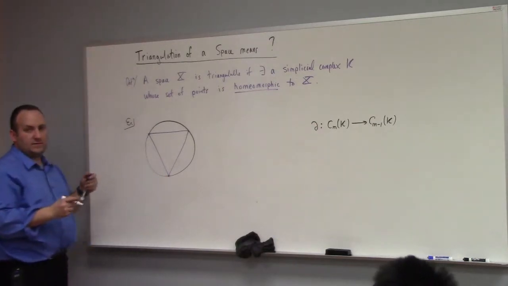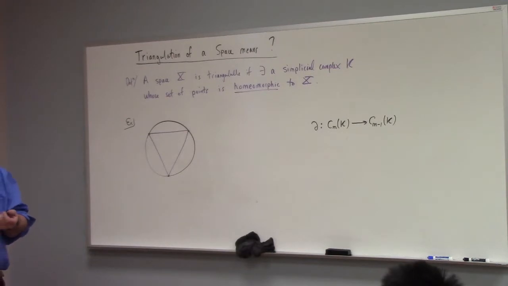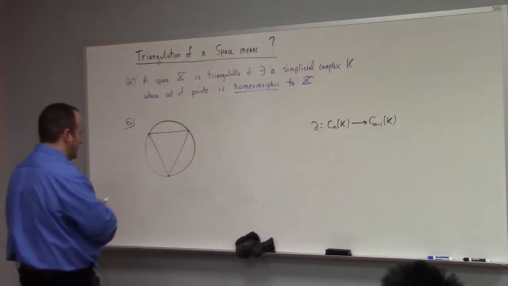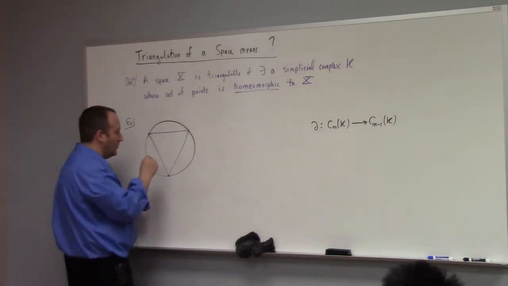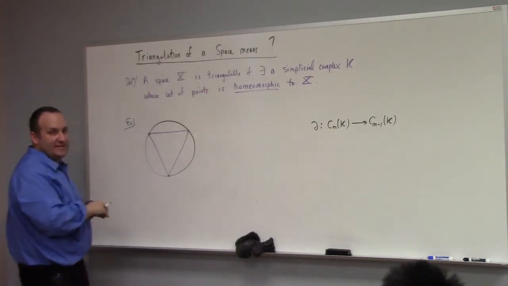That is a triangulation of the circle. The homeomorphism from that triangle to the circle is just like, if you can imagine this being a balloon, you blow into it and it just, whoop. That's a continuous map.